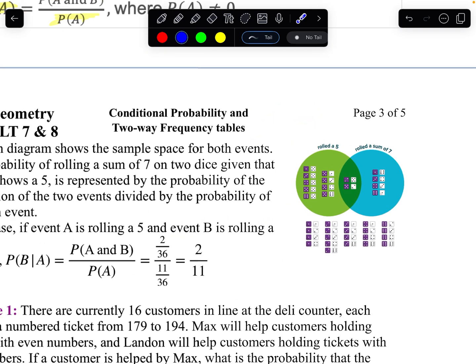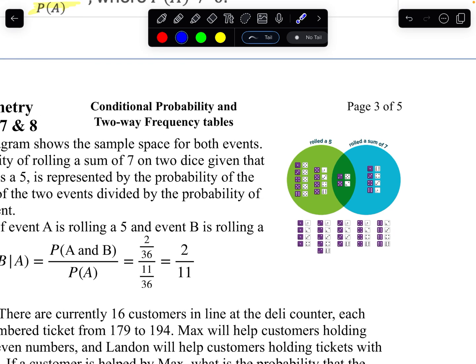Notice there's 2 out of 36. So that's where I say the probability of A and B is 2 out of 36. I'll divide that by the probability of A, which is 11 out of 36, so I get 2 out of 11. And 2 divided by 11, that's not one we usually see very often. So we're going to say that probability is about 0.18. And that's what we have.